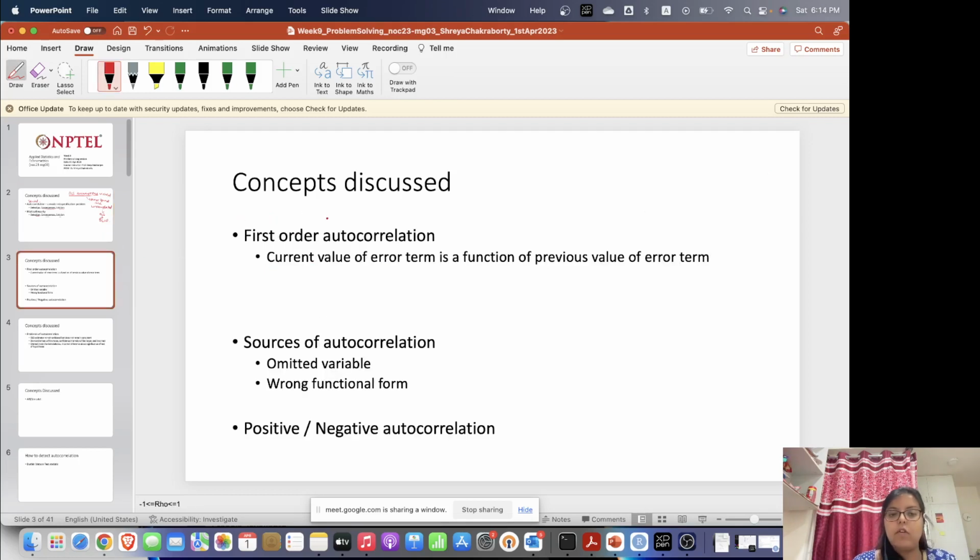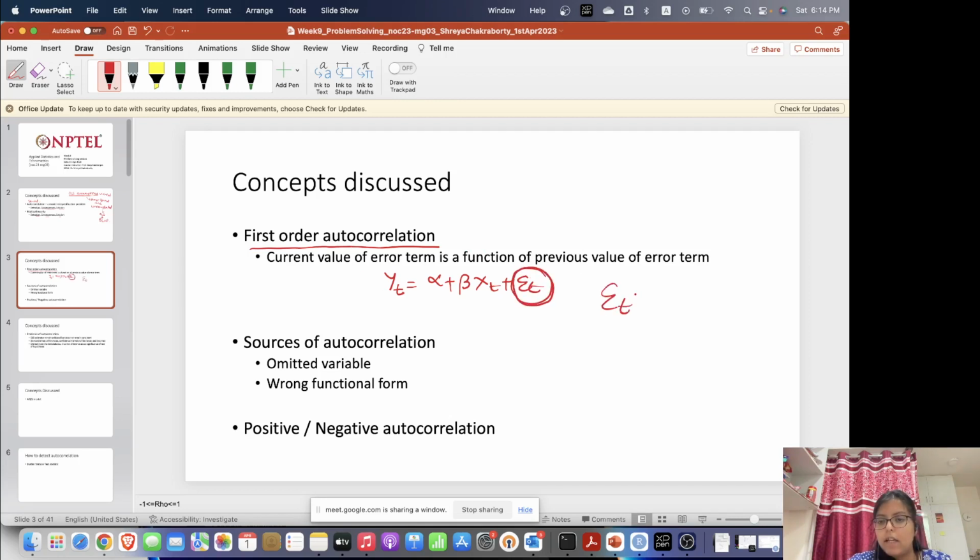Before moving on to the concept of autocorrelation, whatever was discussed was mainly with respect to first order autocorrelation. Let's say this is my regression equation, and the errors epsilon t are autocorrelated.